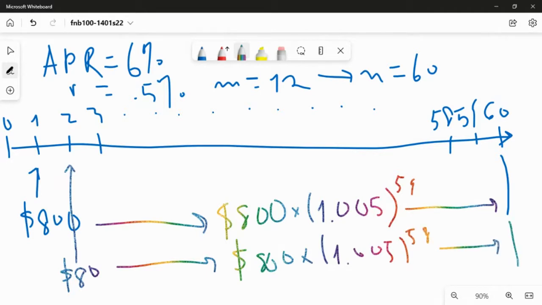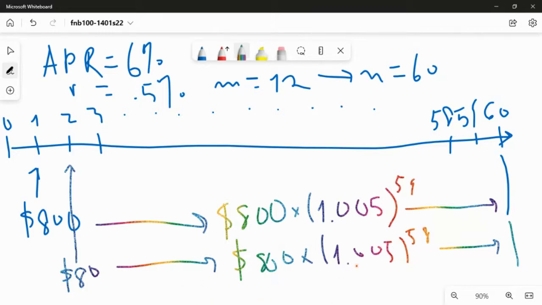And so on. For all 60 deposits, your deposits will grow to a future value like this.